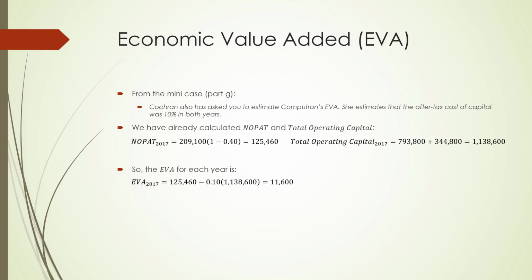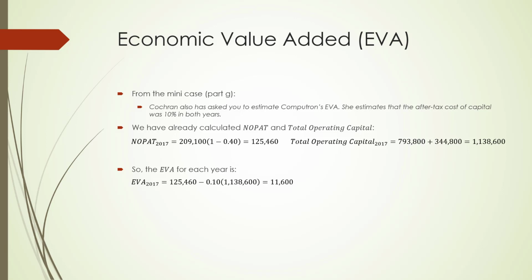Now that may not sound like much, but remember that EVA would be zero if the firm earned exactly its required return, its weighted average cost of capital. So this extra $11,600 goes to the shareholders, and they're going to be pleased with that because they're getting more than their required return. So this is good.